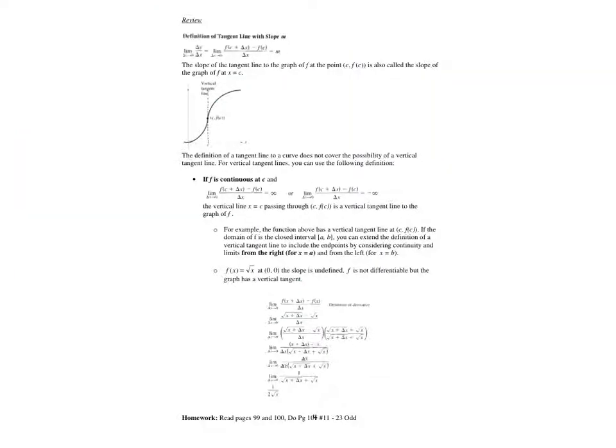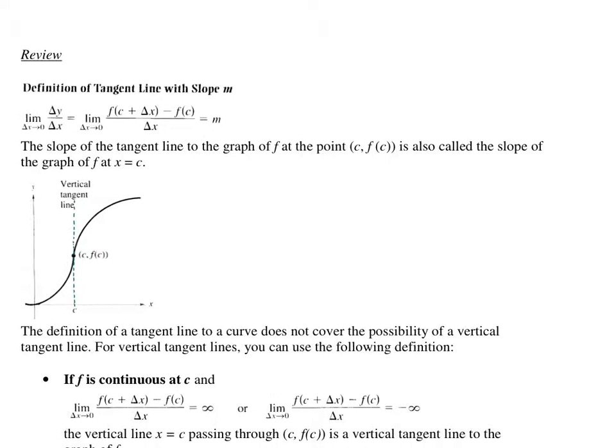Okay, so let's take a quick look at this. Here's a definition. This is just a little bit of review. The tangent line with a slope of m. If you want to find the slope of the tangent line, you're going to find the derivative at that point.